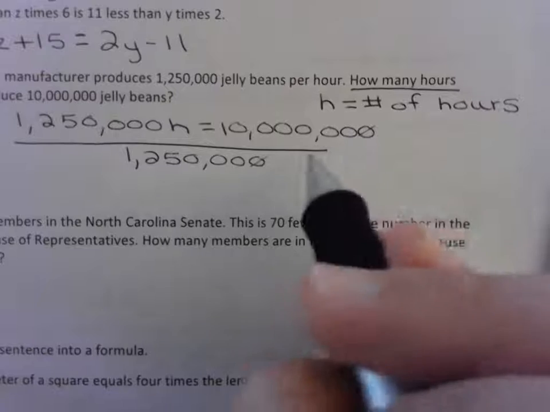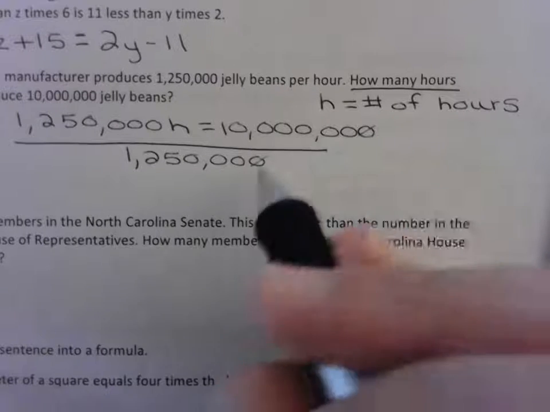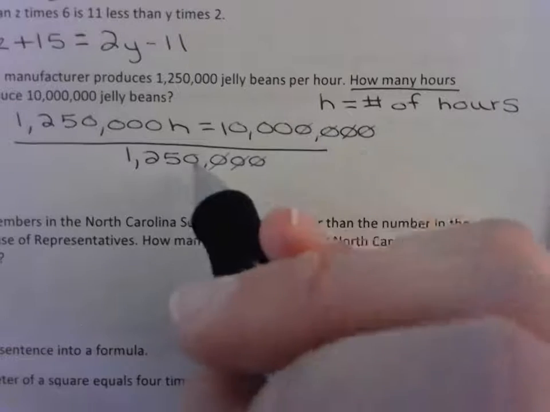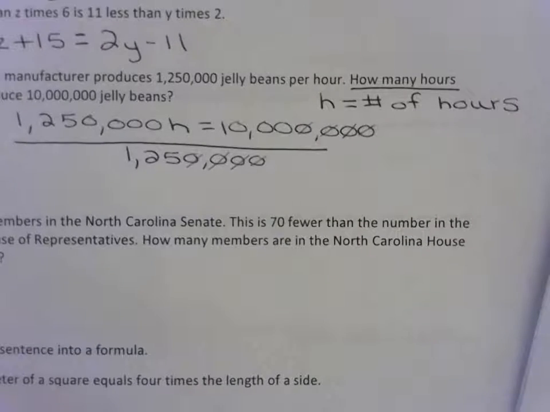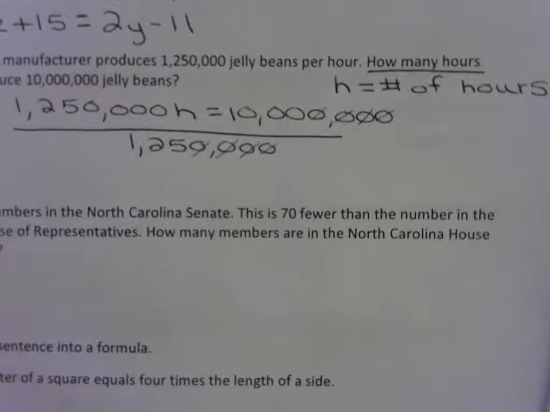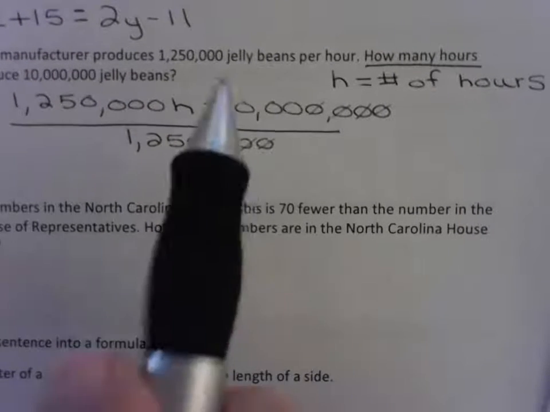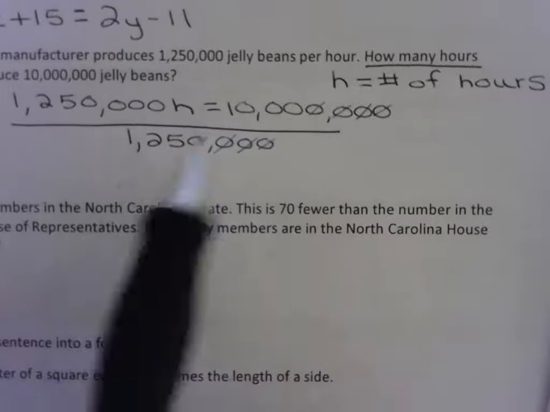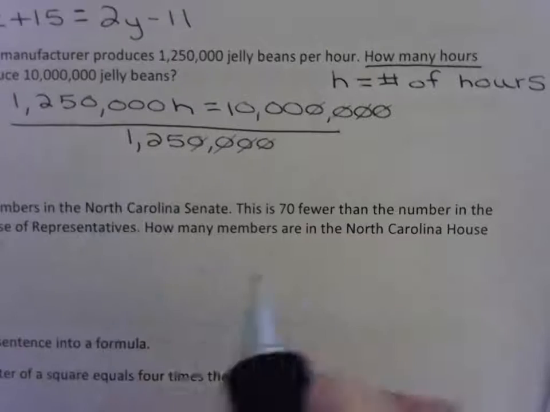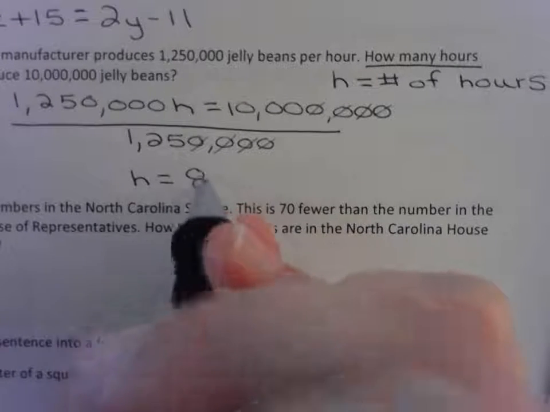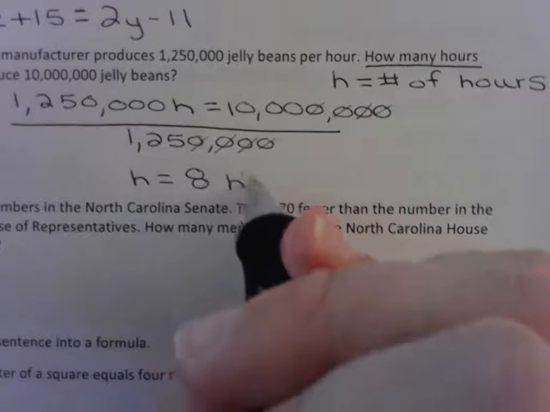If I'm dividing big numbers, just start canceling out zeros, and then you have to stop when you run out of zeros. So what you can type in your calculator is 1,000 divided by 125, because there are 3 zeros, which is 8. And make sure you label it 8 hours.